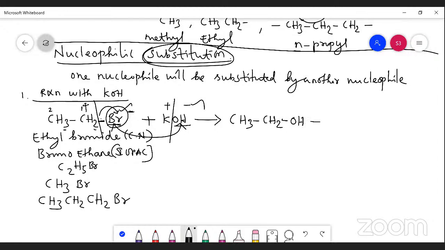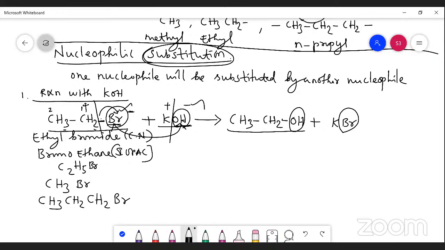In the same way, K is present as it is, but the OH will be replaced by Br. Ethyl bromide is converted, containing the OH nucleophile from potassium hydroxide. What is the nucleophile here? OH minus. But on the product side, the nucleophile is Br. This is called a nucleophilic substitution.